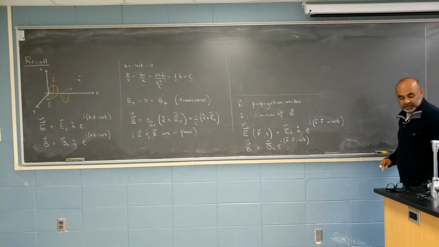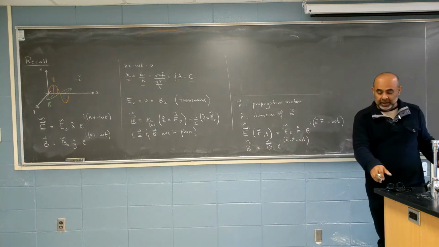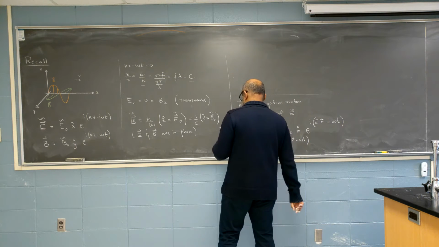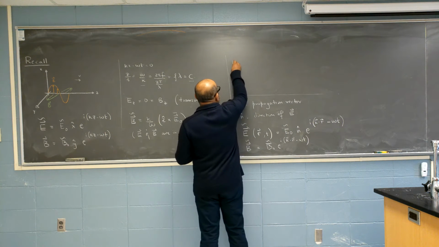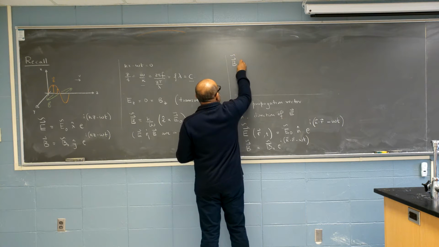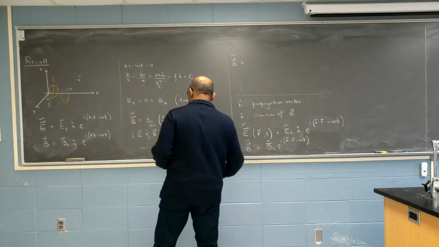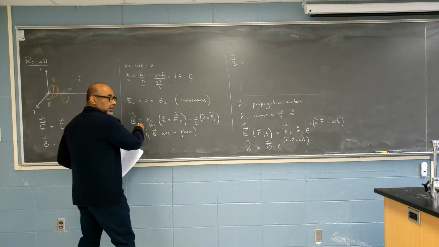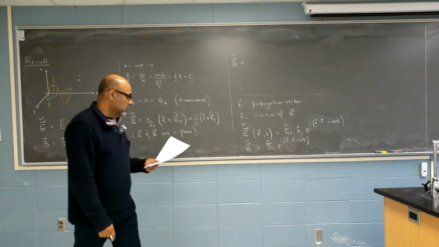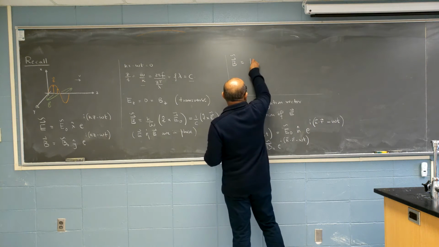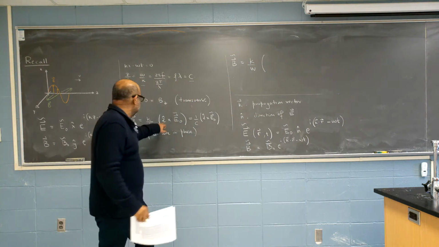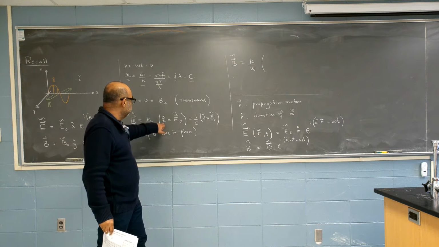So in this case, we have a nice expression for B0. Over here, I have B. This vector B0 is related to E in this form. Now I can write it as either k over omega or c. Now tell me, what is z?